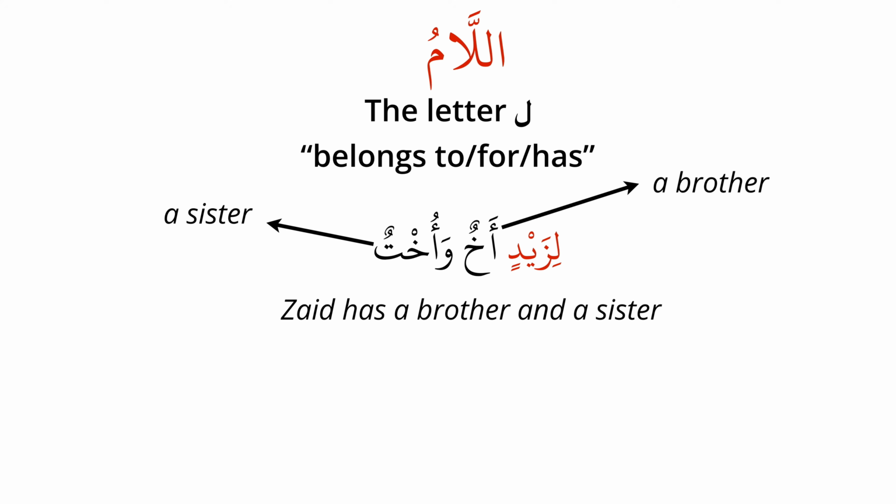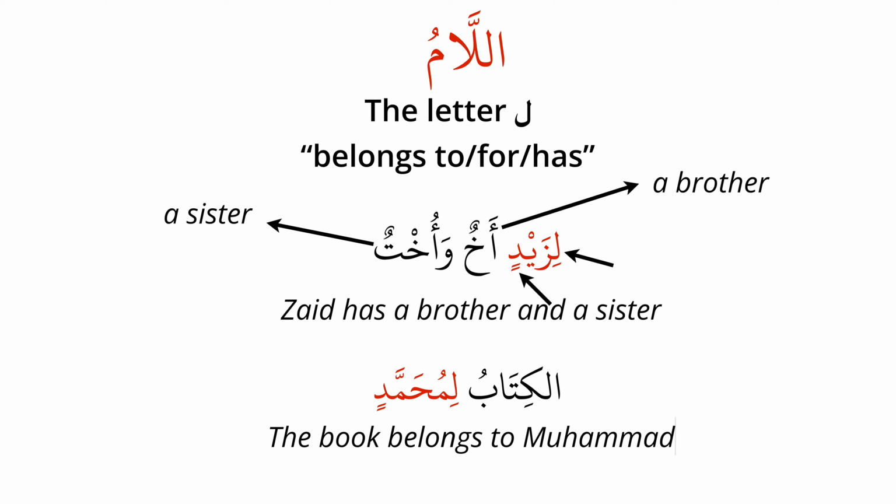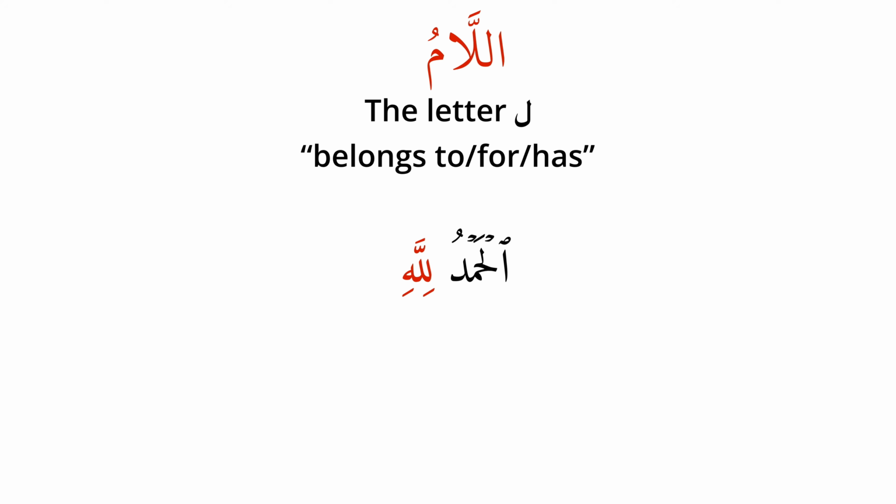And the noun Zayd is majrur because of harfu jar lam preceding it. Another example, al-kitabu li Muhammadin. The book belongs to Muhammad, where the noun Muhammad is majrur because of harfu jar lam. Another example, alhamdulillah, meaning the praise belongs to Allah, where the noun Allah is majrur because of harfu jar lam preceding it.